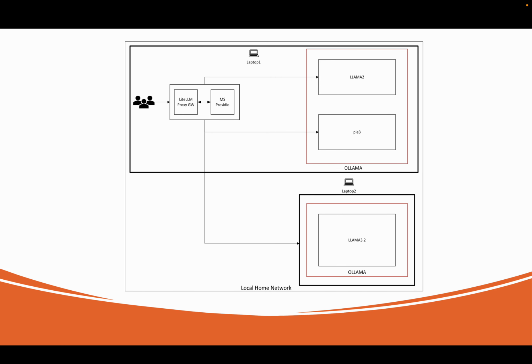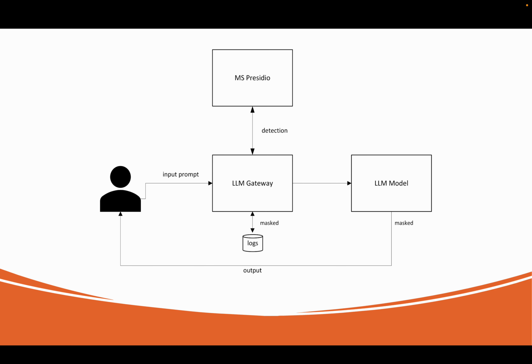If we go a bit deeper, we have our LiteLLM proxy gateway, which is integrated with MS Presidio, and we have an LLM model. The user gives the input prompt. The LLM gateway, integrated with Presidio, detects any prompt which contains PII data, like a name, credit card number or phone number.